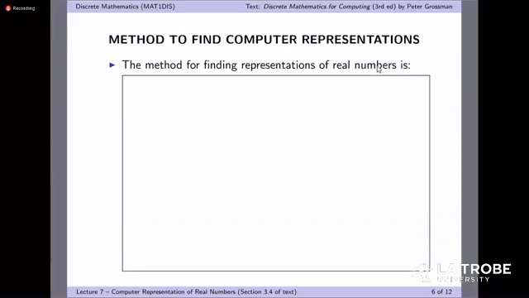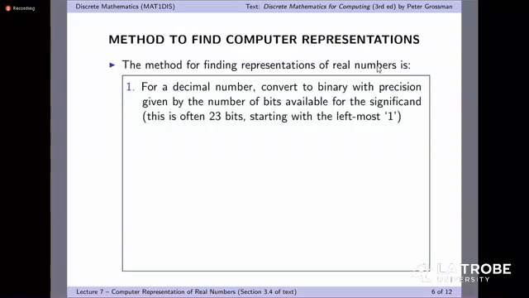So what's the method? Again, the method for finding the representation of a real number is, for a decimal number, convert it to binary. In the previous example, it was already given to us in binary, but normally it would not be given to you, so you would have to convert the number into binary. How would you convert a number into binary? Suppose you have 2.75.